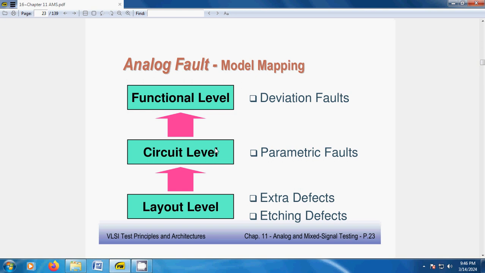In this we have to work from the bottom up. Whenever you address the problem at the lower level, we can reduce the amount of faults being introduced at the higher levels.